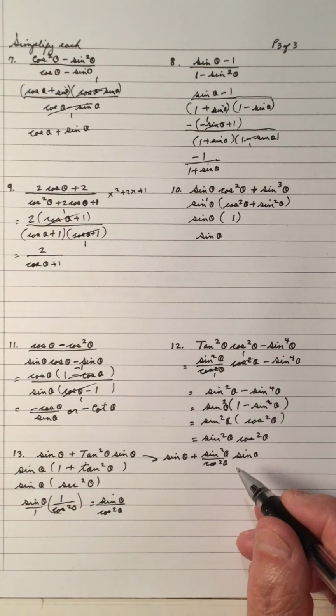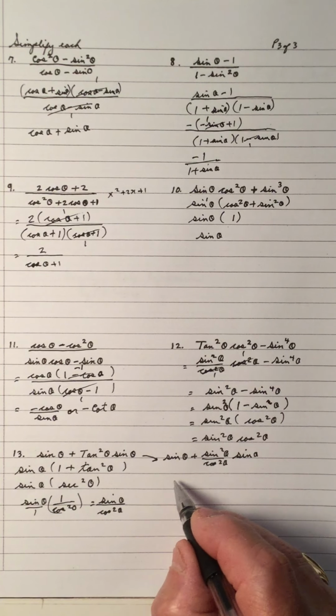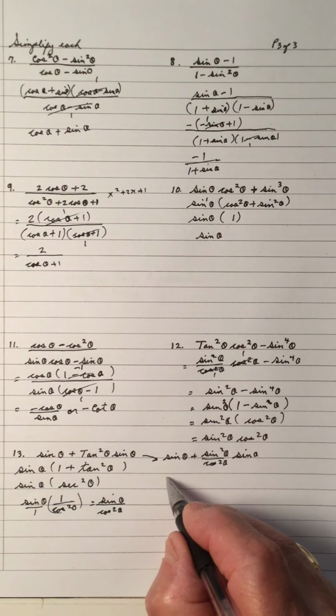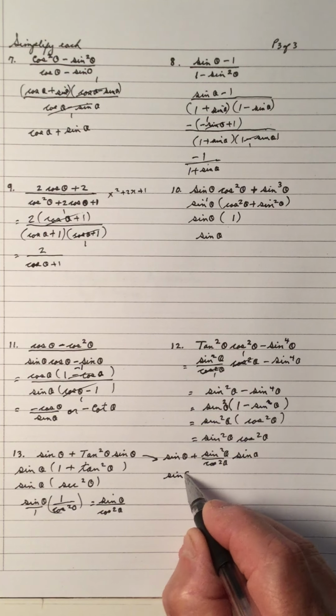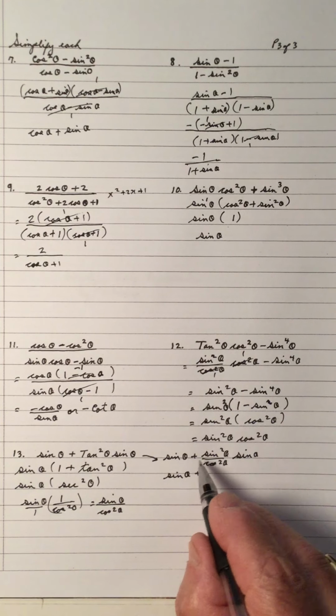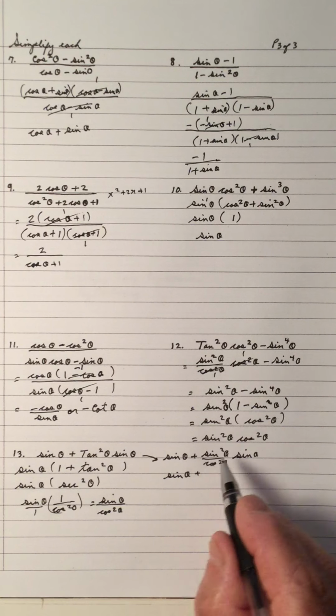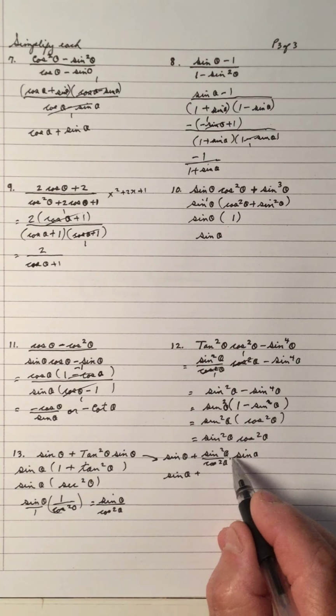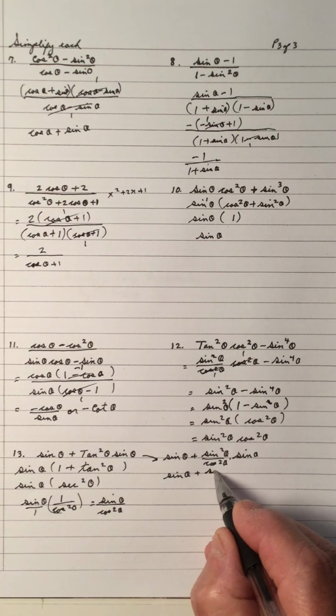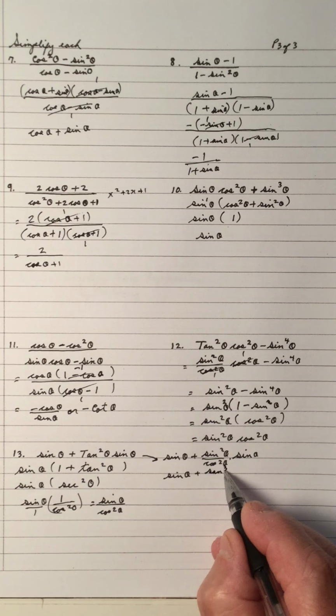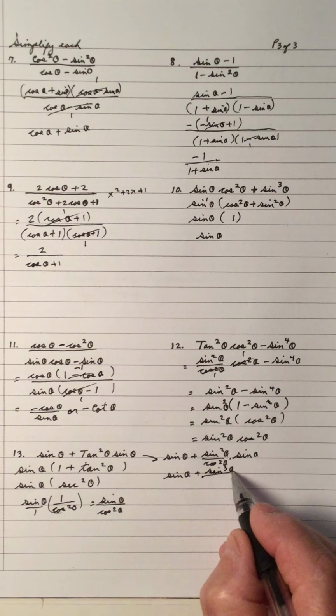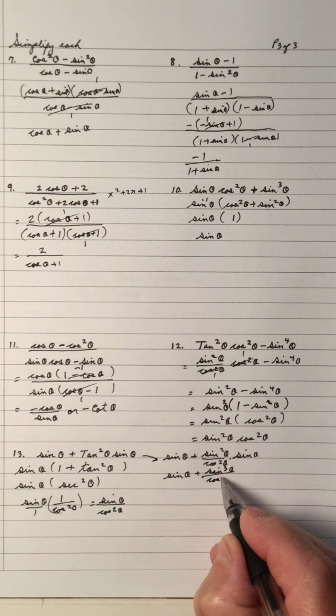But no matter what you do, it'll end up to be the same. So it'll come out in the end. So I change the tan to sine squared over cos squared, and so this is a multiplication, so I'm multiplying it, sine cubed over cos squared.